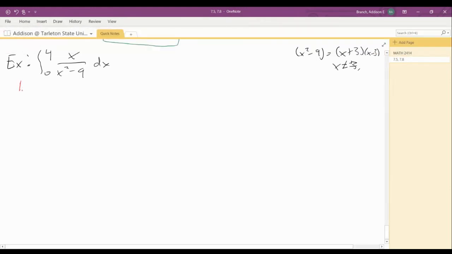Now we have our limit as t approaches 3 from the negative of 0 to t of x over x squared minus 9 dx, plus our limit as t approaches 3 from the positive from t to 4 of x over x squared minus 9.